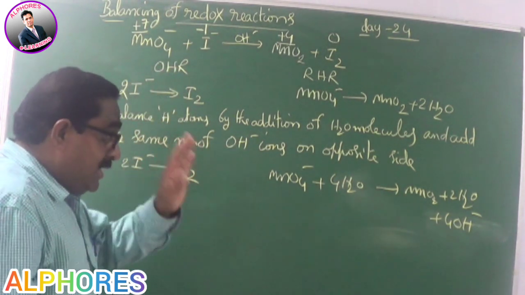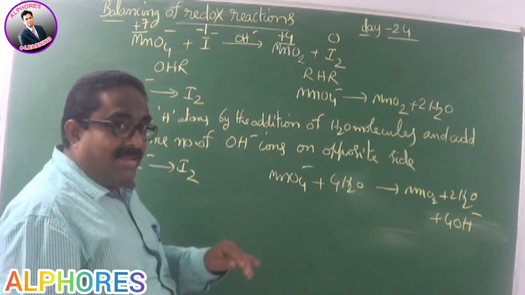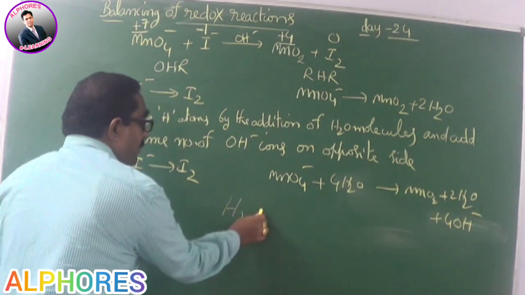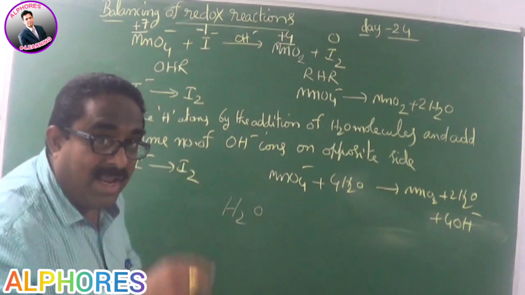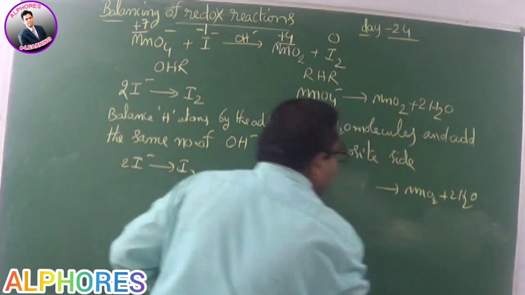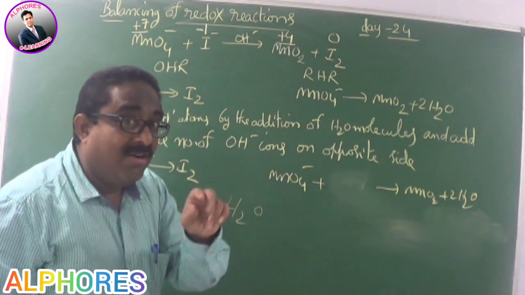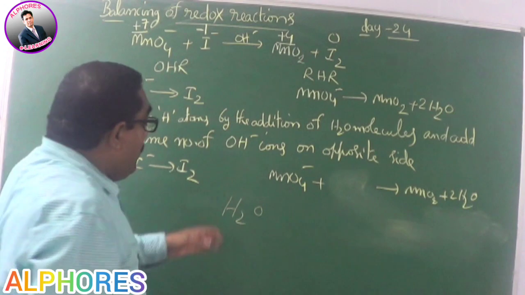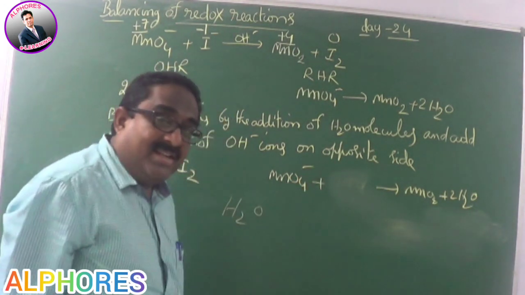And some students may think like this: oh sir, H2O contains 2 hydrogens. Once again I will repeat, H2O contains 2 hydrogens, but only 4 hydrogens are there. Why don't we balance with 2 H2O on this side also?